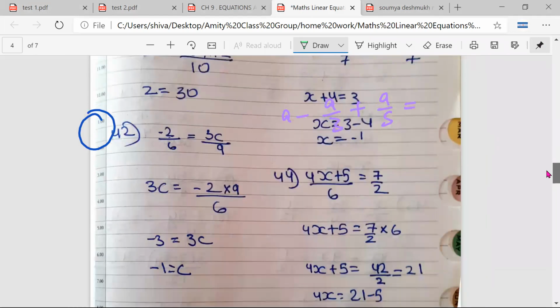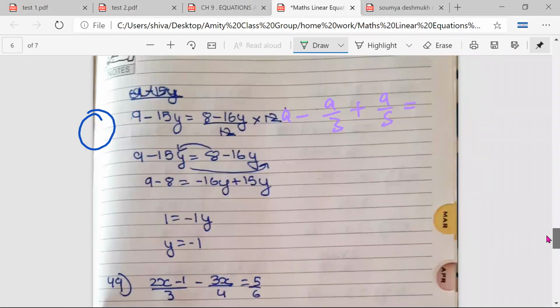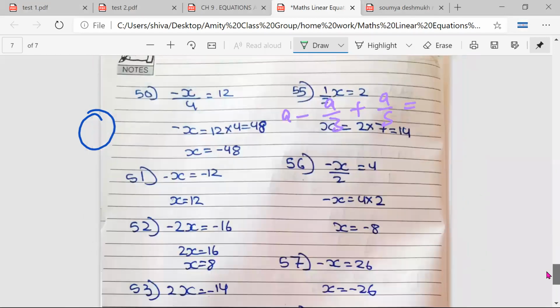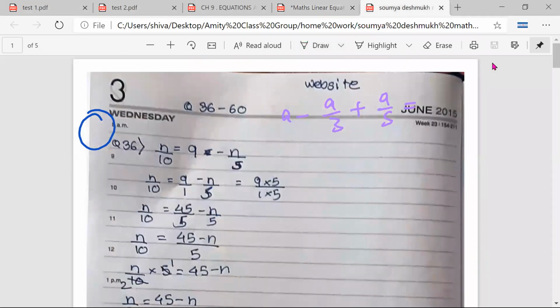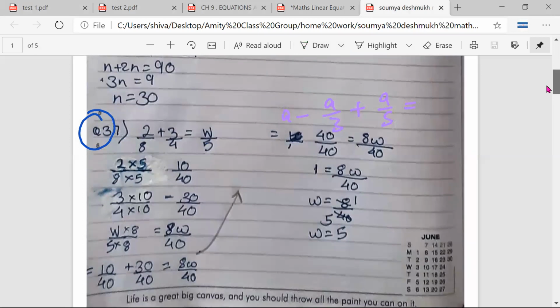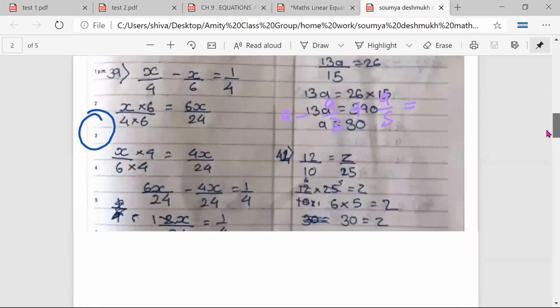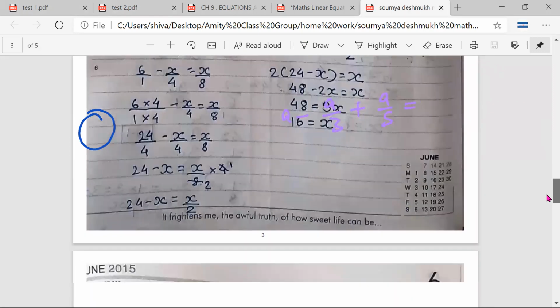Okay. I think rest is okay. Soumya ji, what question do you want to discuss? Question 49.